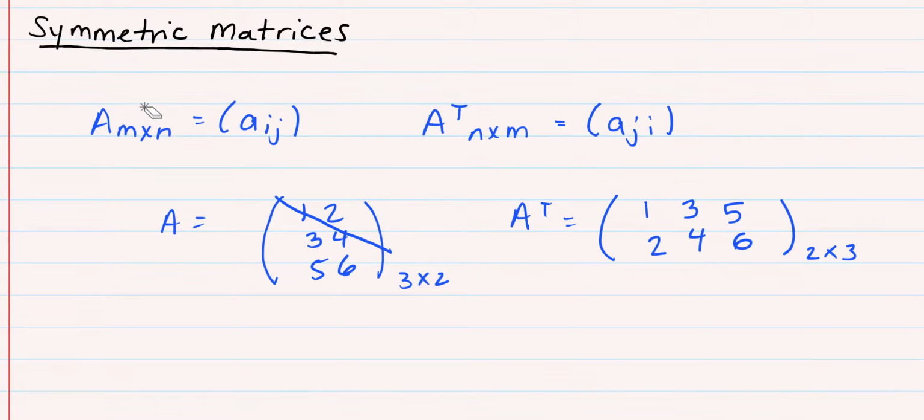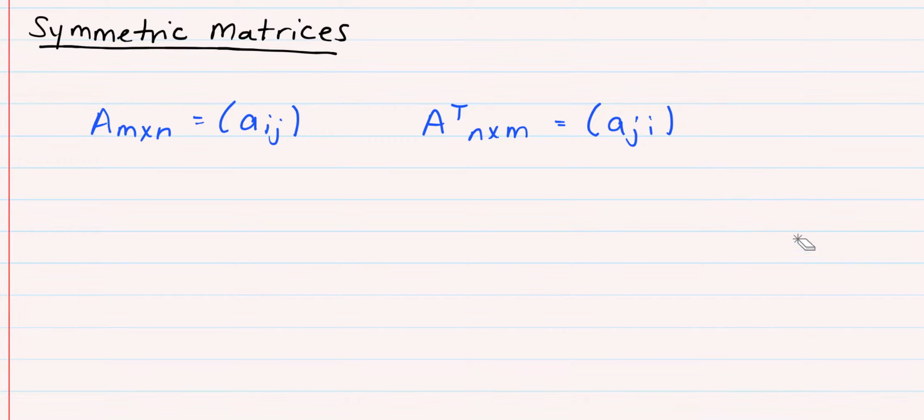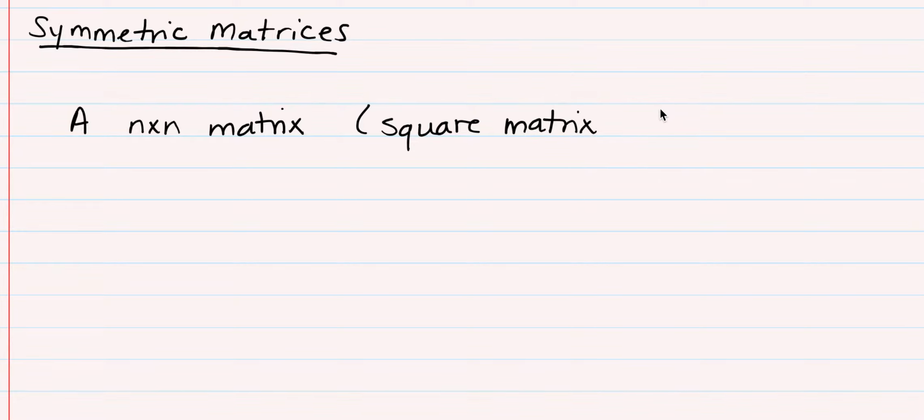A symmetric matrix is a matrix that when you take the transpose, you get the original matrix back. So let's let A be a square matrix, so it's an n by n matrix. We call this a square matrix, which just means we have the same number of rows and the same number of columns.